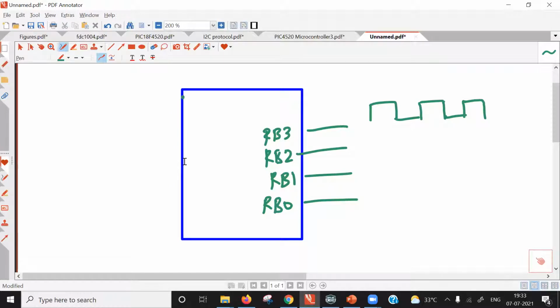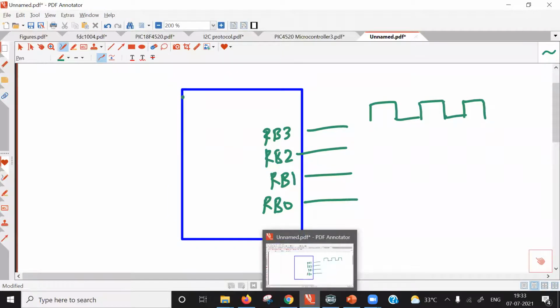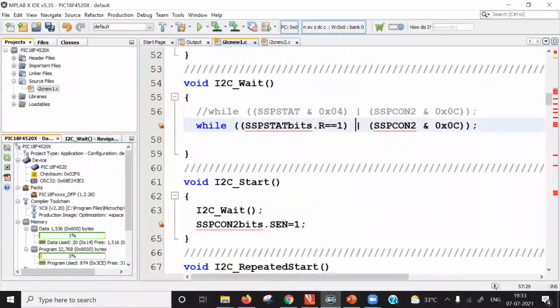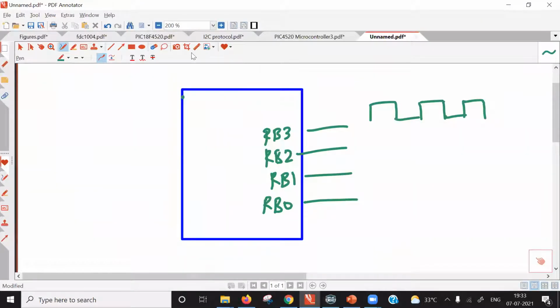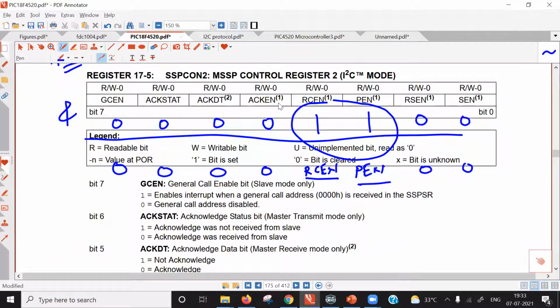If in SSPCON2 the PEN bit is 1, SSPCON2, let me go back to PEN. PEN bit.